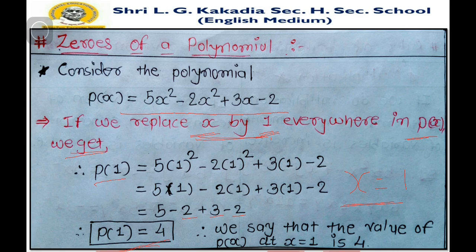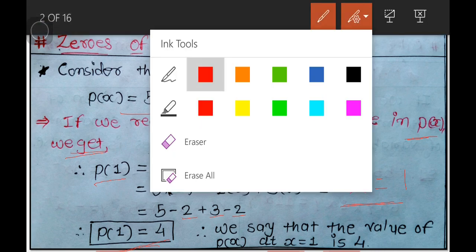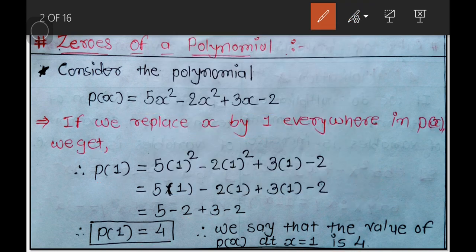Consider the polynomial as given here. p of x is equal to 5x raised to 2 minus 2x raised to 2 plus 3x minus 2. It is the polynomial and we are going to find the value of the given polynomial.